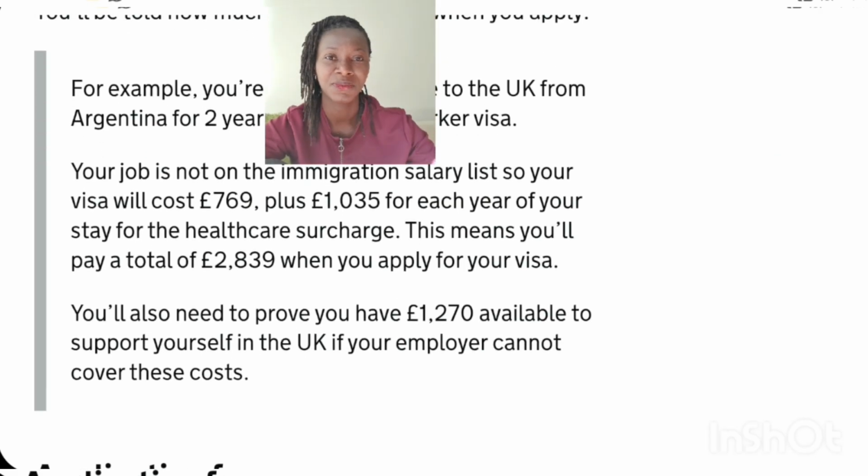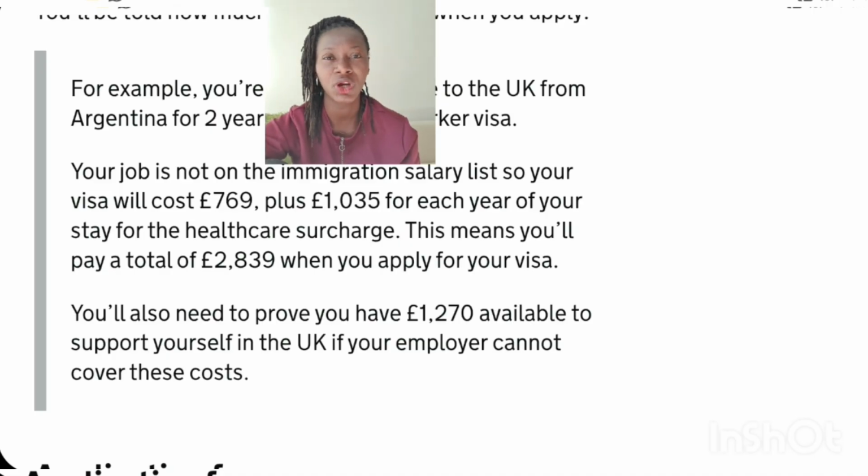Now you would also need to prove you have £1,270 available to support yourself in the UK if your employer cannot cover these costs. Remember, when you are given a job offer and a certificate of sponsorship, there is a portion at the bottom of your certificate of sponsorship for maintenance.